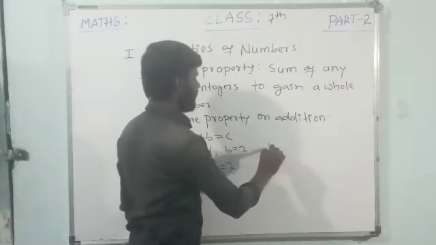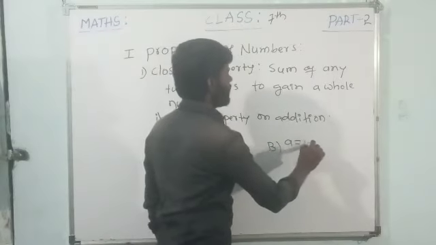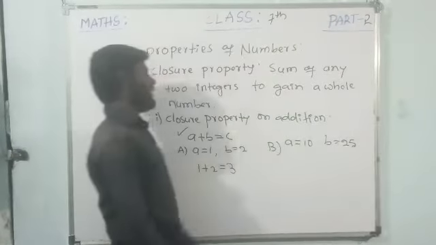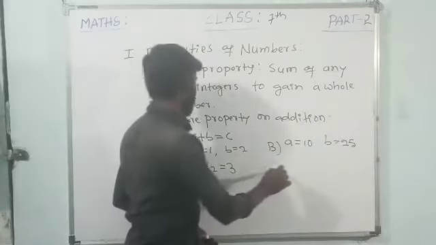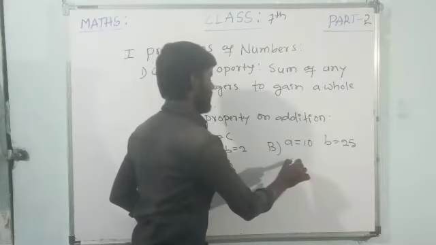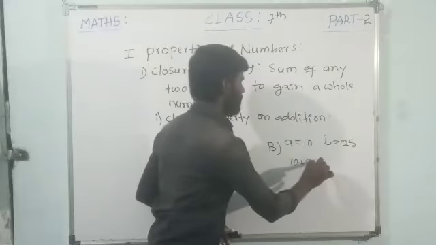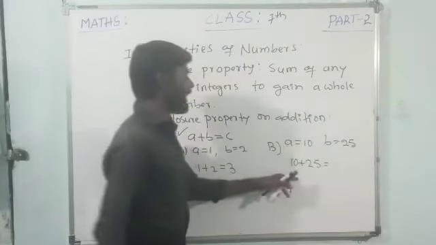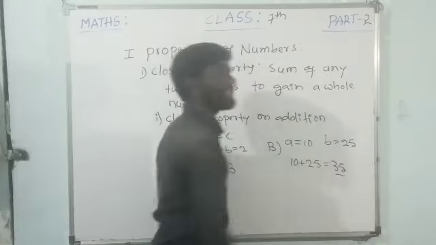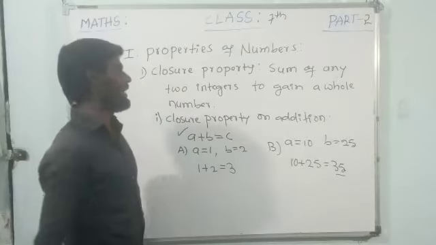Example B: if I take a is equal to 10, b is equal to 25, and keep these values in this formula, a is 10 plus b is 25. 10 plus 25 is equal to 35. This 35 is a whole number. It obeys the closure property on addition.